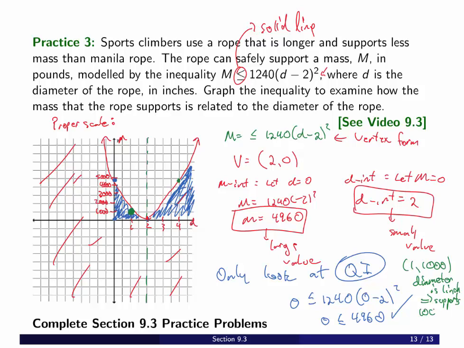Supports 1,000. And are we in pounds? Yeah, 1,000 pounds. Okay. 1,000 pounds and anything under 1,000 pounds. So obviously 900 pounds. Its maximum is 1,000 pounds. That's what that means. Okay, so it's a very nice visual representation of the range of solutions that this inequality presents.